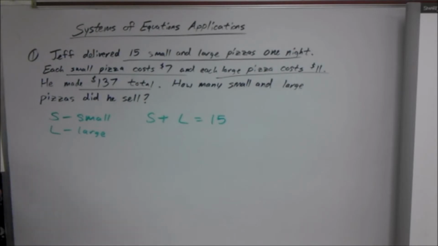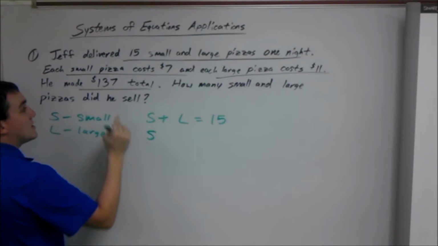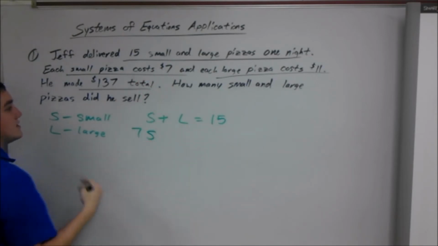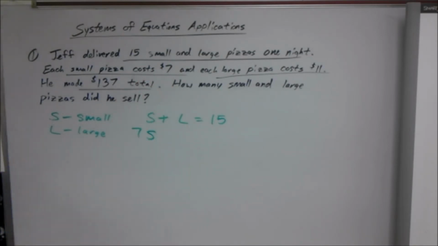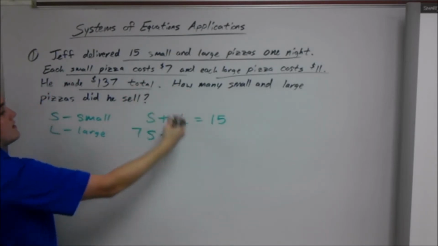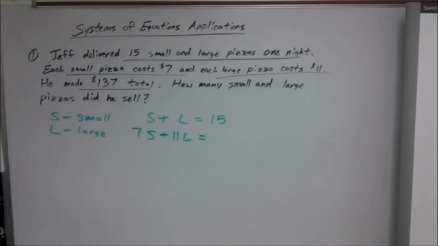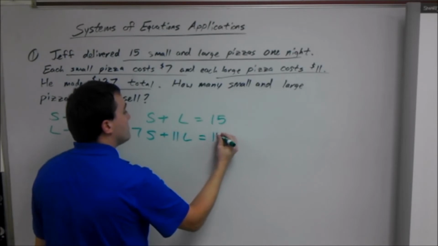So S times $7 is going to give us the amount of money he made off of the small pizzas, plus $11 times L gives the amount of money he made off the large pizzas, and that totals $137.